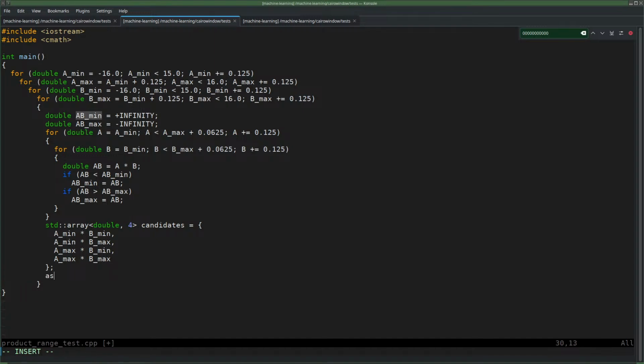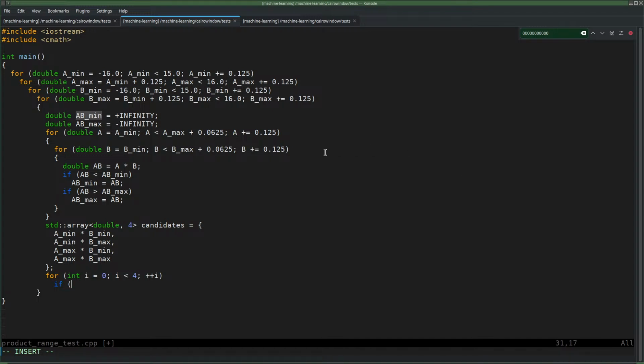So you can do assert. I'll just run over it: for int i equals 0; i is less than 4; plus i.